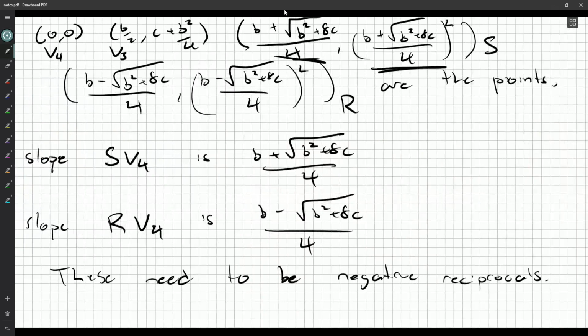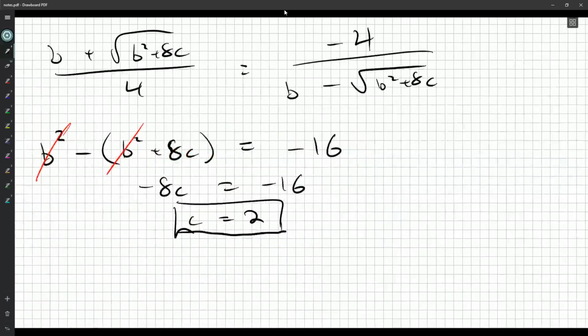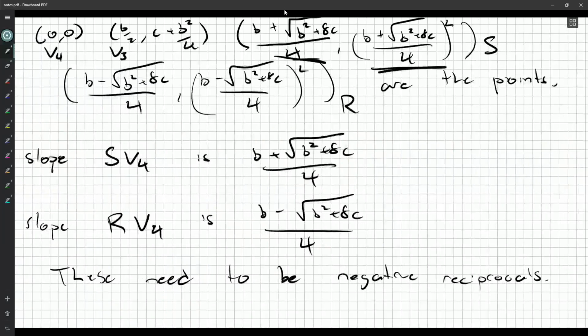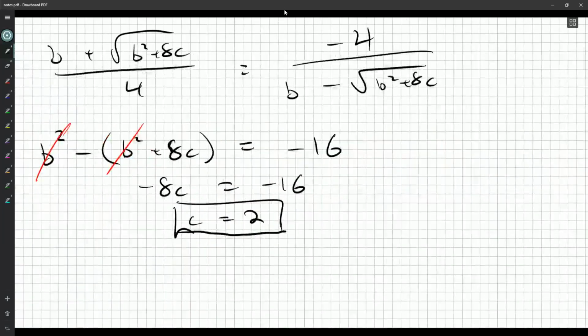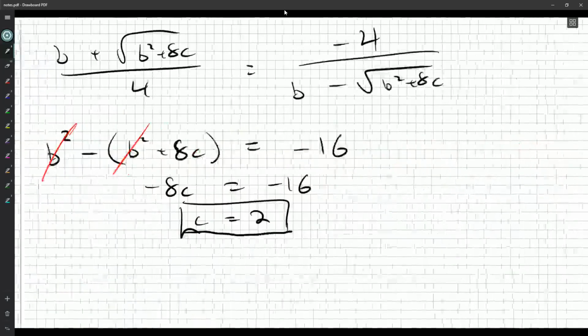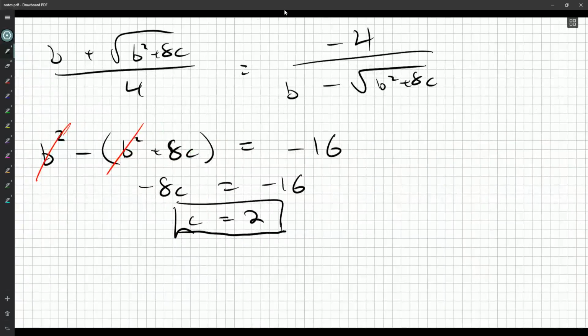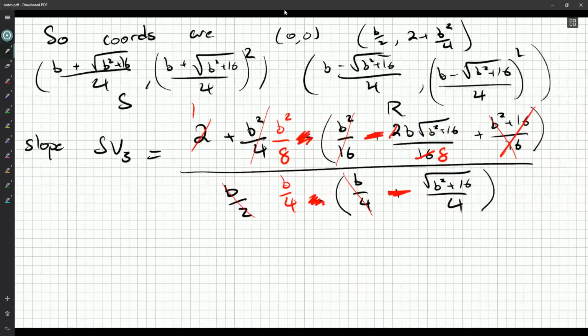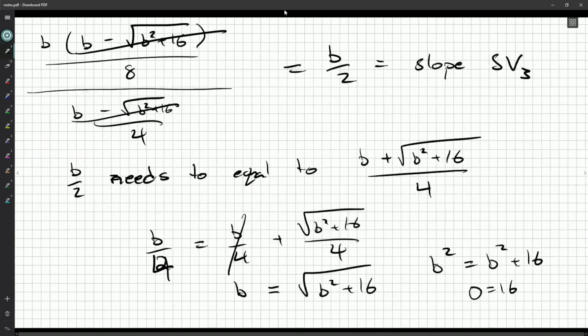So I've got the slopes that I want. And that is negative reciprocals, okay, so I'm not dissatisfied with that. I feel like I might have... Oh, I forgot one. Forgot this one, and that throws the whole thing off. Fantastic.